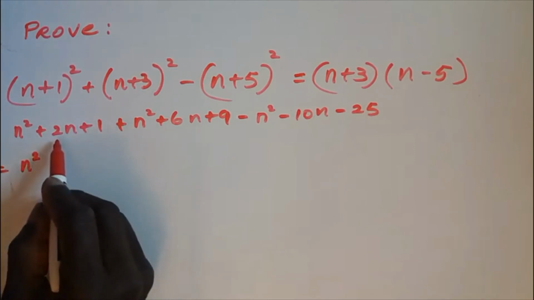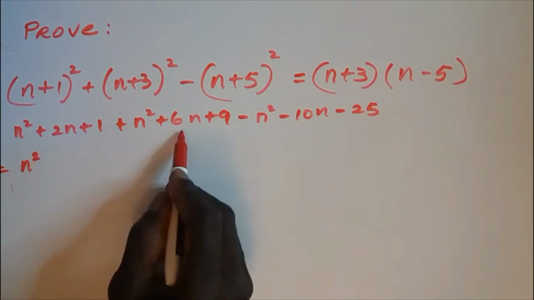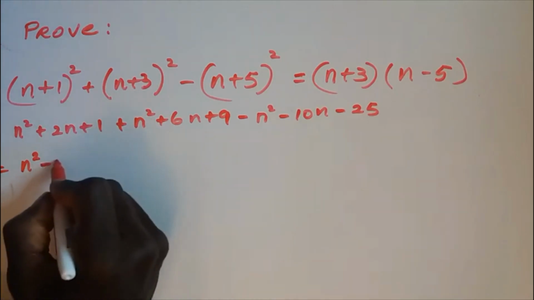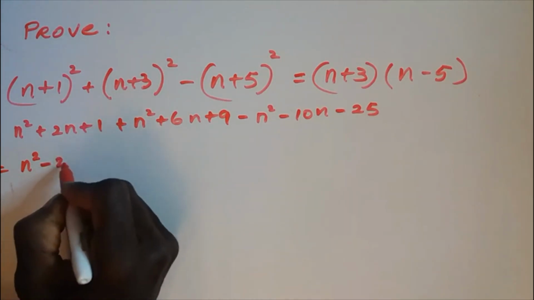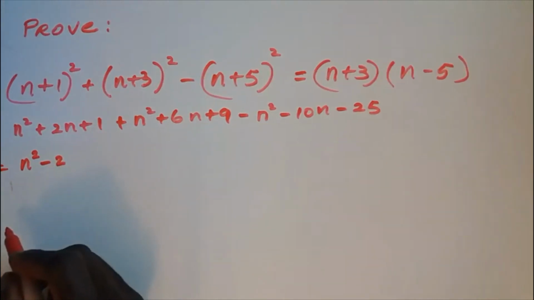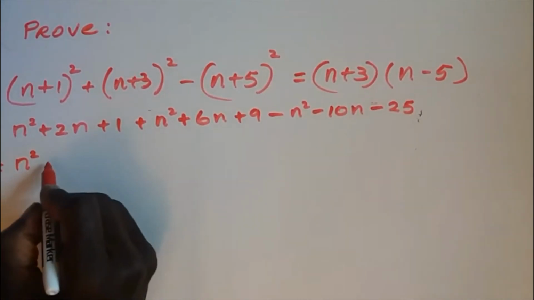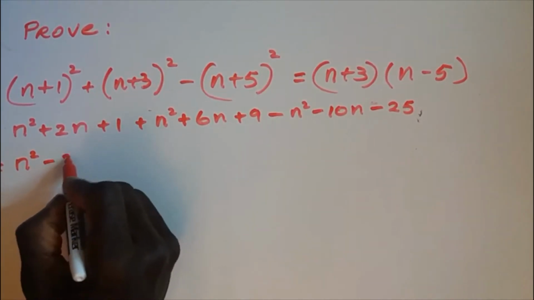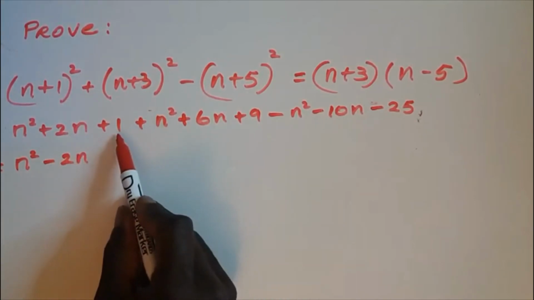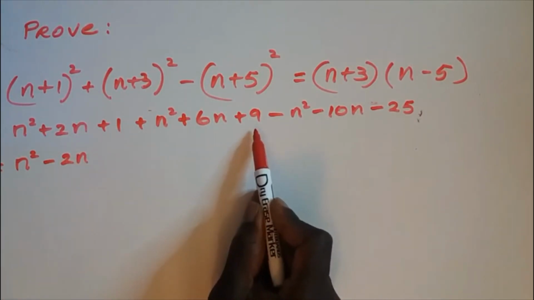We have 2n, 6n, which is 8n, minus 10n will give us minus 2n. 1 add 9 is 10.